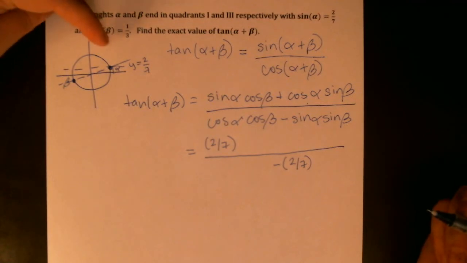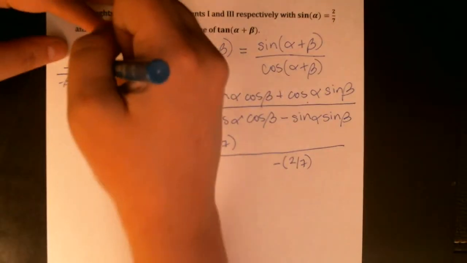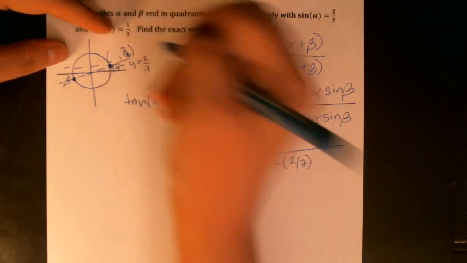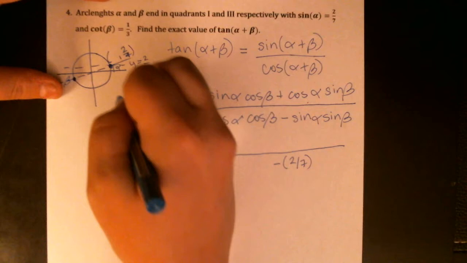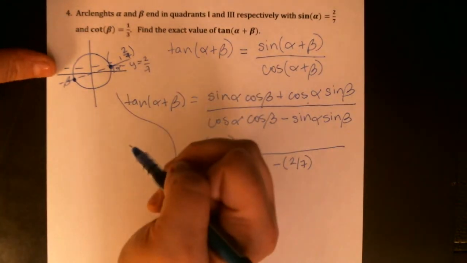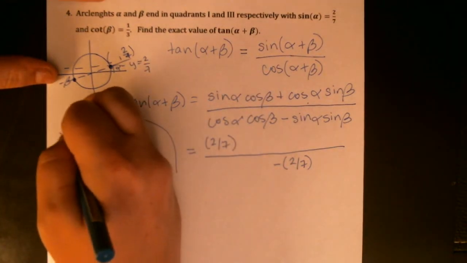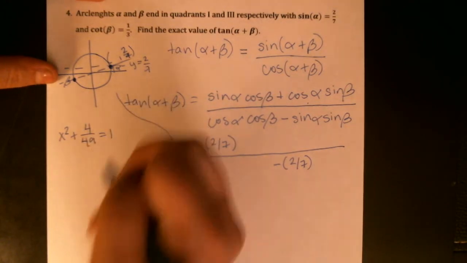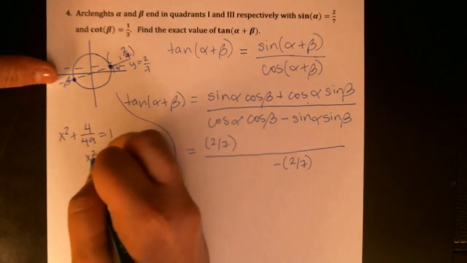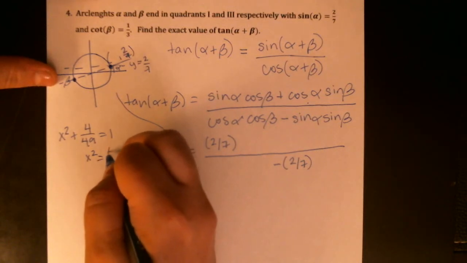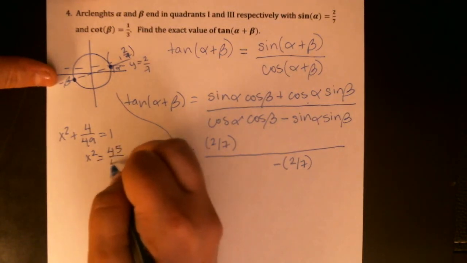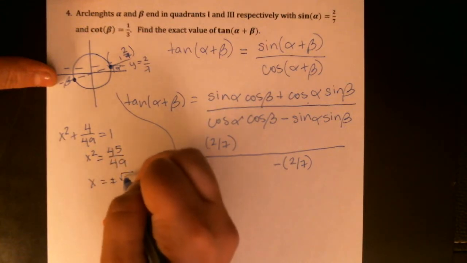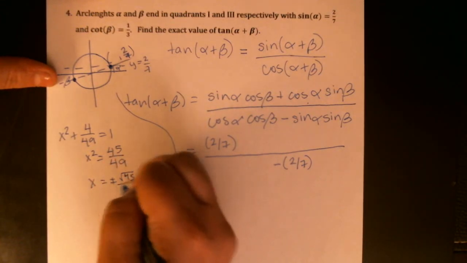Okay, so if we work on alpha first, we know that alpha has a y-coordinate of 2/7, which means, let's go ahead and do a little scratch work. x squared plus 4/49 equals 1. So x squared is 45/49, which means that x is plus or minus root 45 over 7.